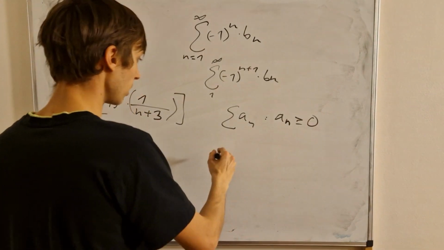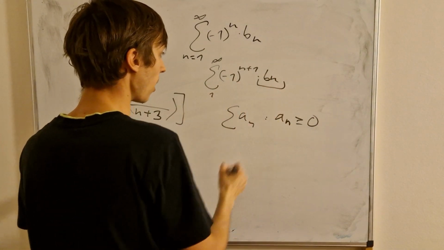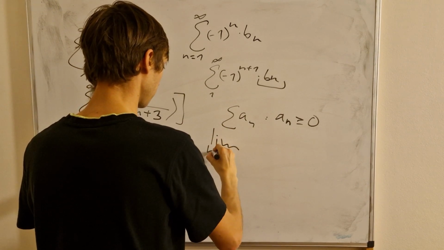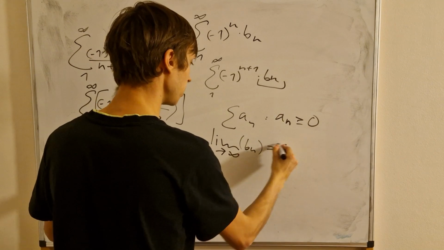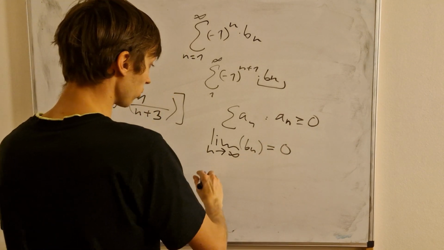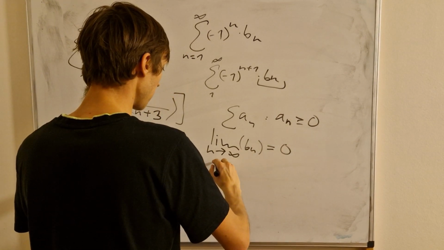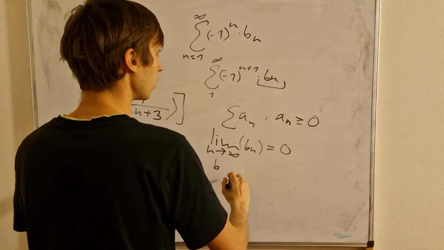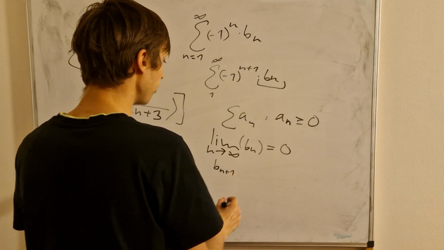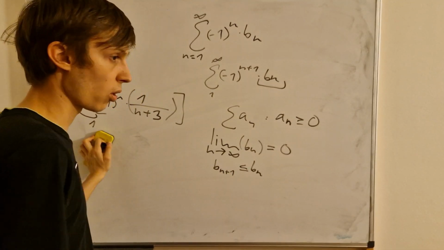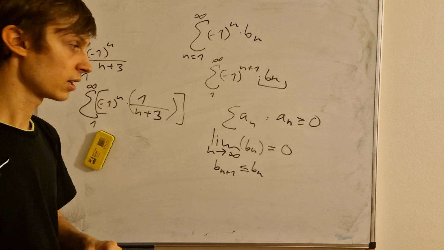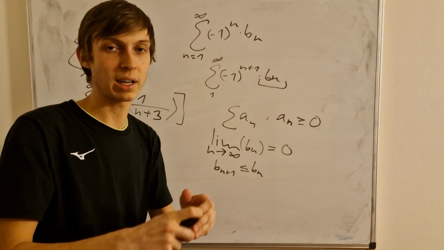First, the limit of the normal part b_n as n goes to infinity should be equal to 0. Also, every next term is smaller than or equal to the previous term. So it is decreasing, or at least eventually decreasing.